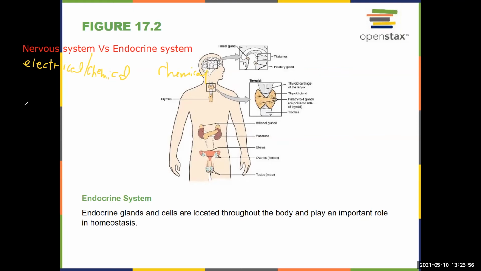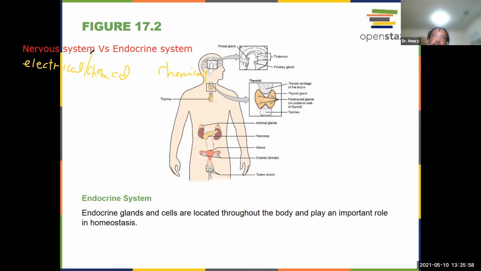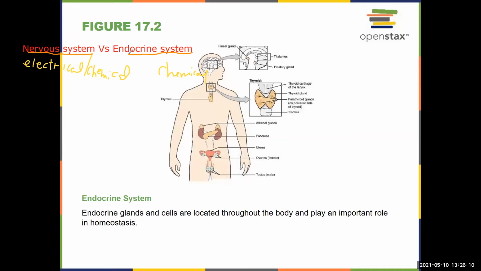Okay, so in the case of the nervous system, what is being used to do the signaling? Nerves, neurons. What are they called? The ganglions.